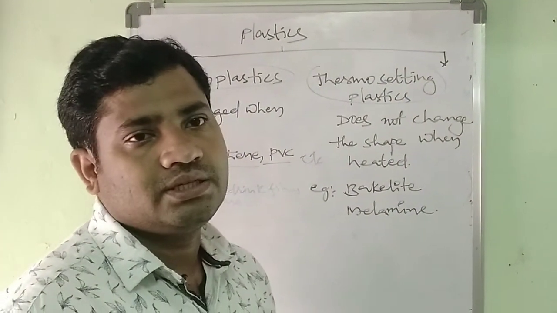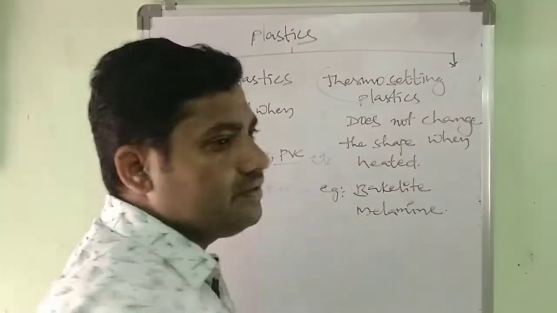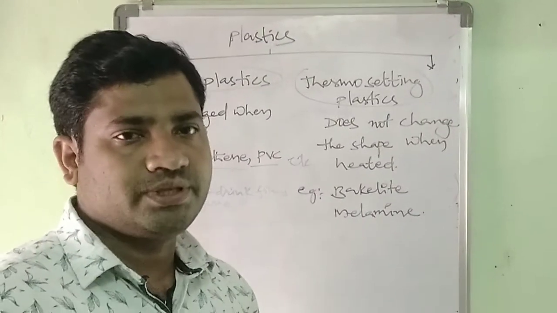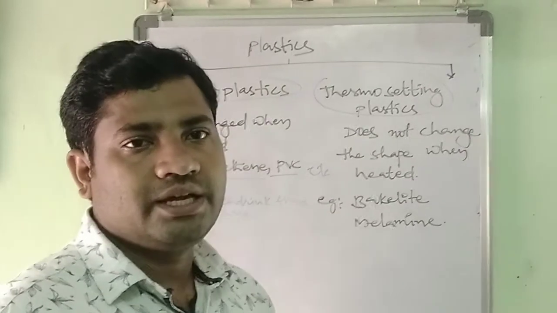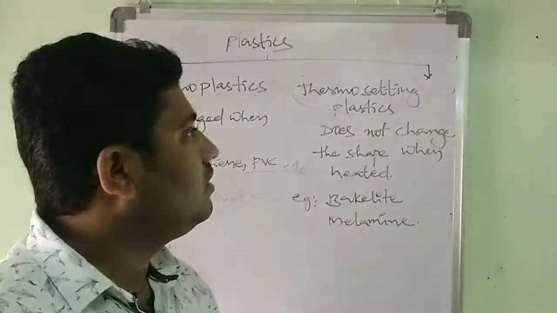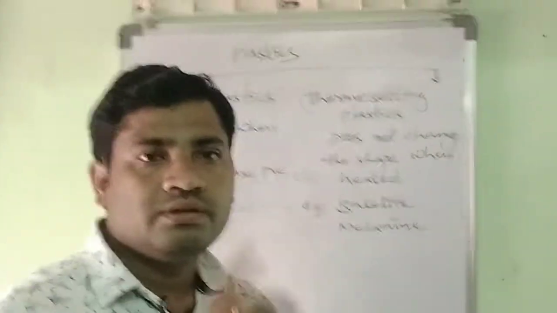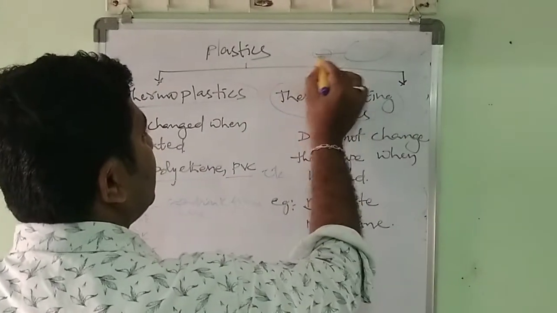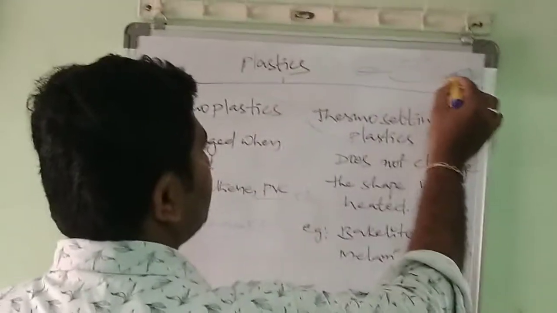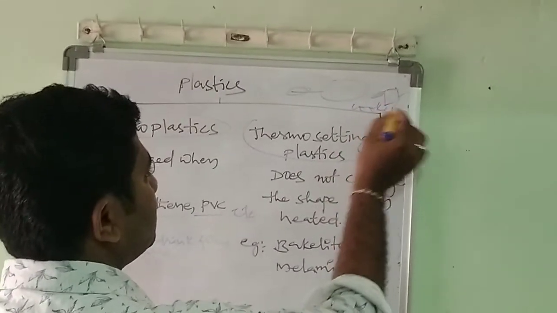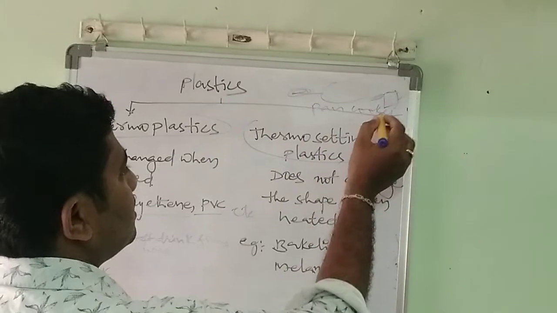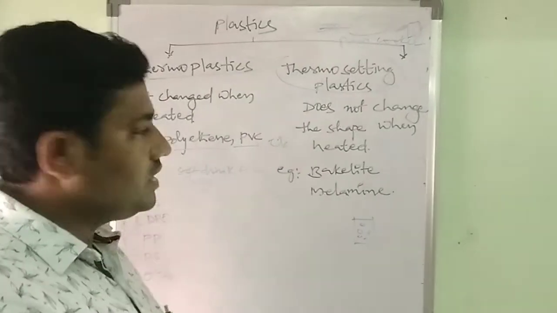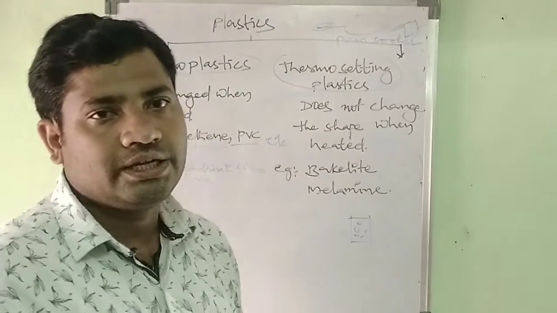Thermosetting plastics do not change shape when we heat them. Examples are in our electrical items: the switches, the handles of rice cookers and pans, and the switchboard. These are made up of thermosetting plastics.